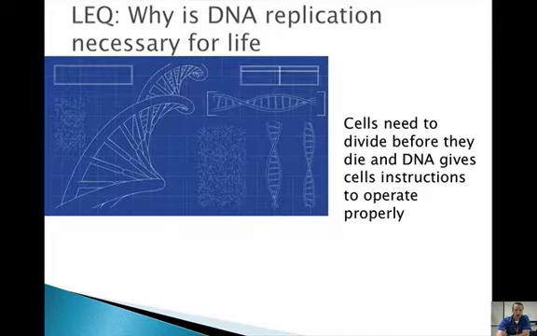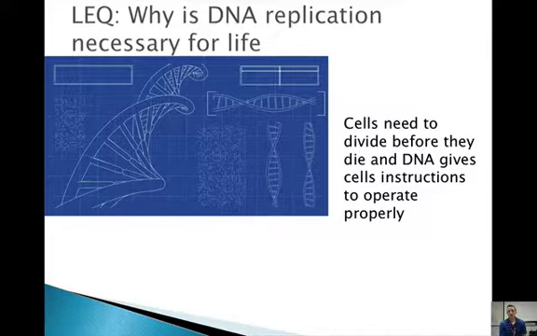Now, talking about why DNA replication is necessary for life. I said in the beginning of the video, think of DNA like a blueprint. The cells need to divide before they die, and DNA gives cells instructions to operate properly. That goes back into the cell cycle: the cell grows larger, the cell duplicates its DNA, and then that DNA is checked for mistakes.